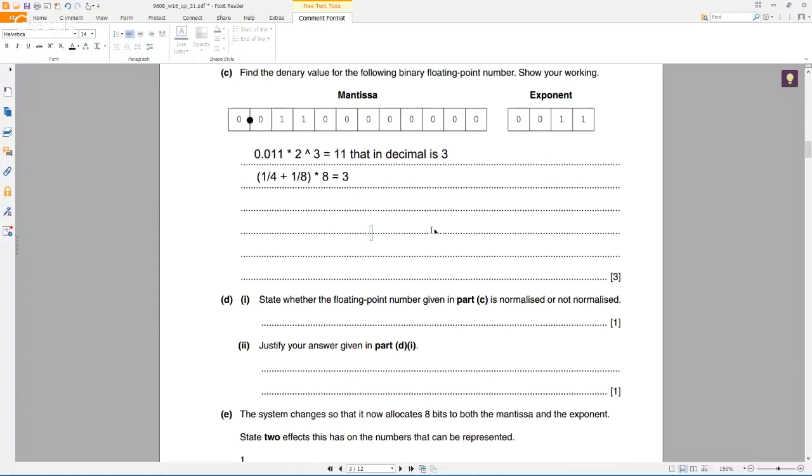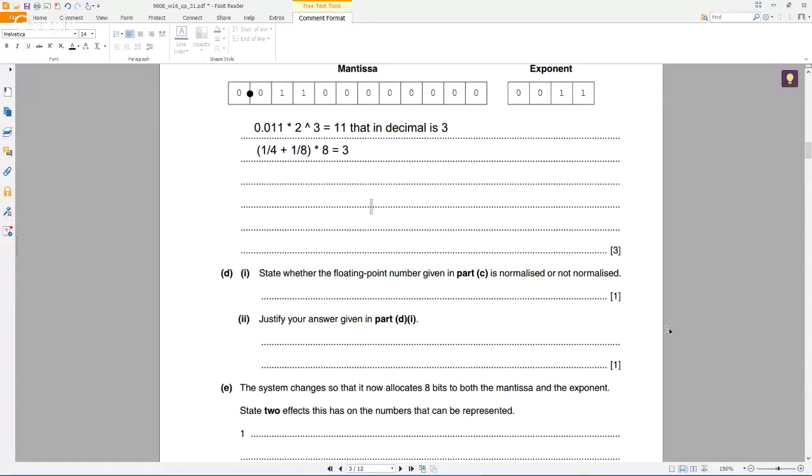Right. So the next question is whether the floating point number is actually normalized or not. In order to be normalized, a floating point number needs to have the mantissa start with 2 different bits, 0.1 or 1.0. In this case, it's 0.0, as you can see here. So it's not normalized.